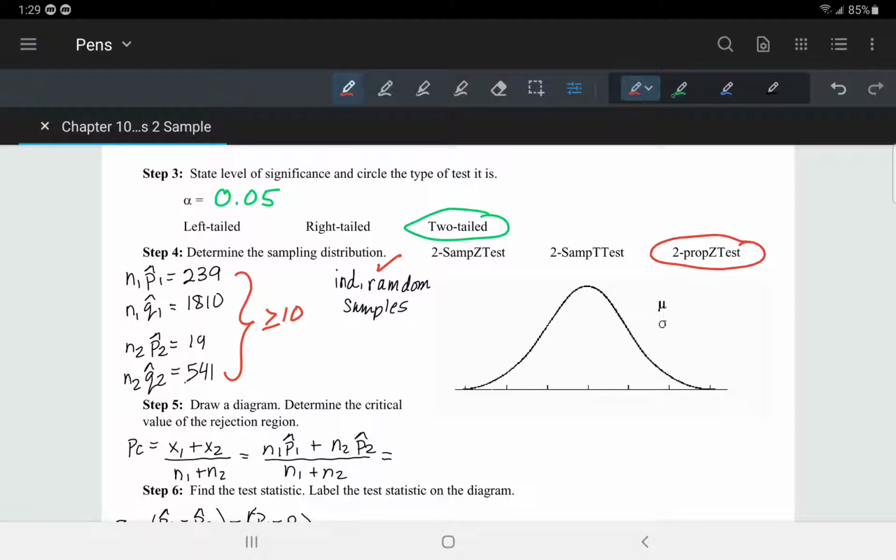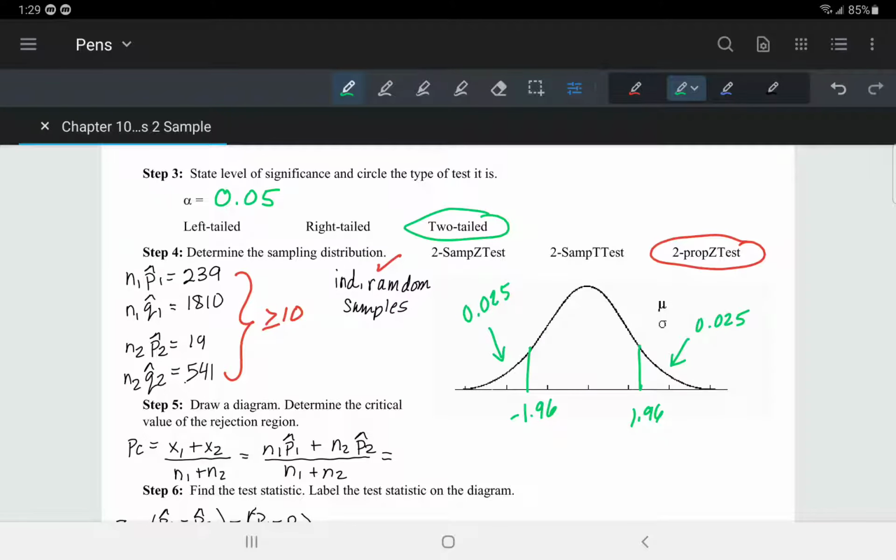So with that being said, we could label our critical value for the rejection regions. It's a two-tailed test. Testing at the 5% significance level means 0.025 in this tail and 0.025 in this tail. These correspond to critical values of plus or minus 1.96.